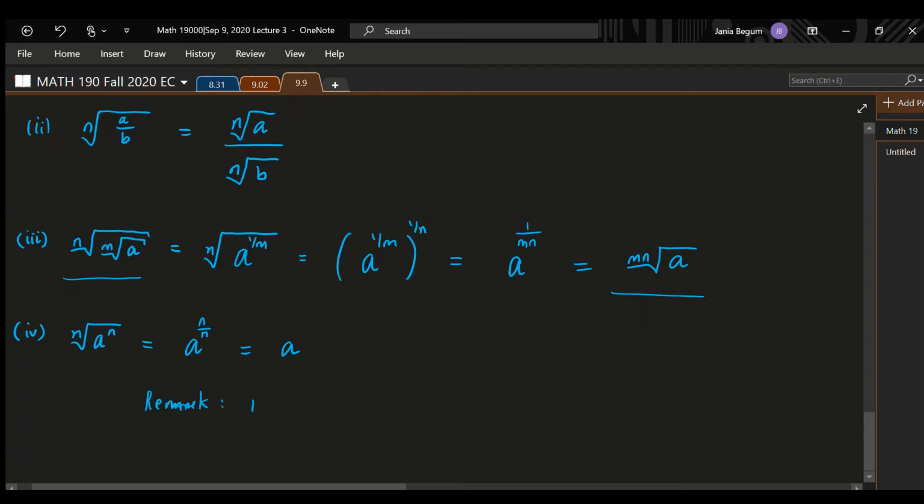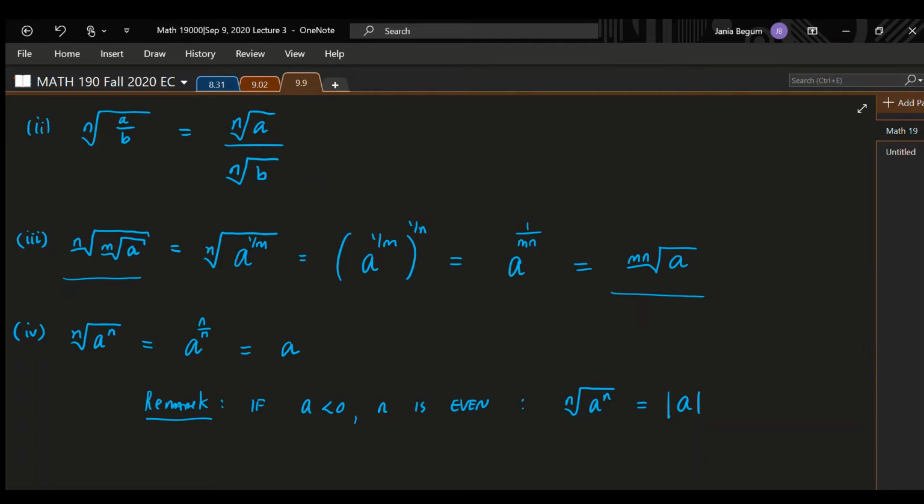If a is less than 0 and n is even, so this is just a remark, then we have the following. The nth root of a to the n is going to be the absolute value of a. So keep that in mind if a is negative and n is an even power.